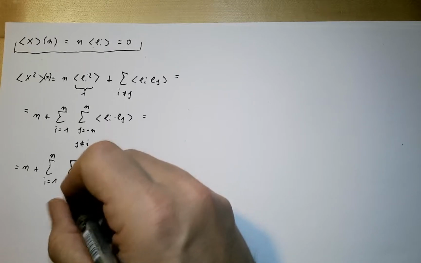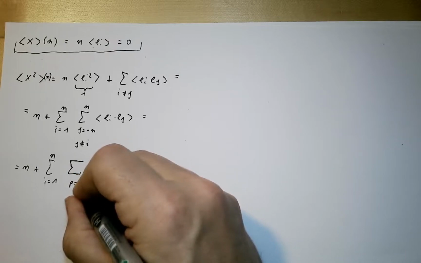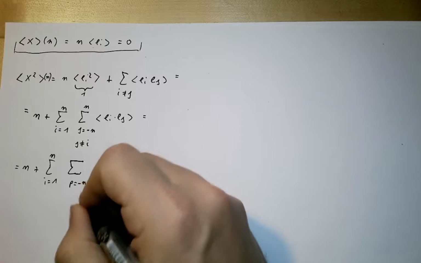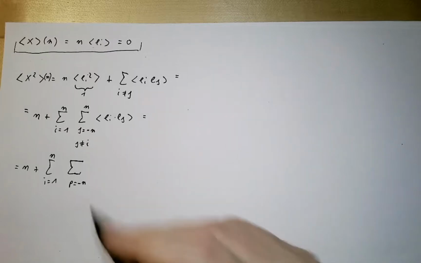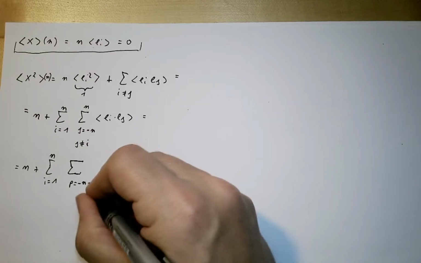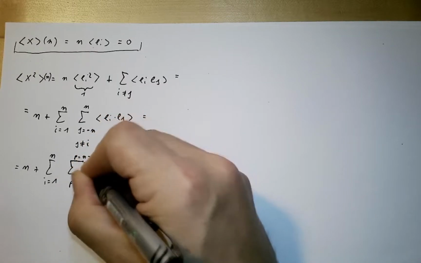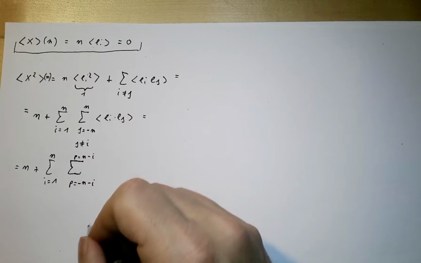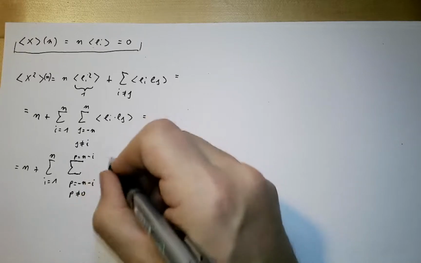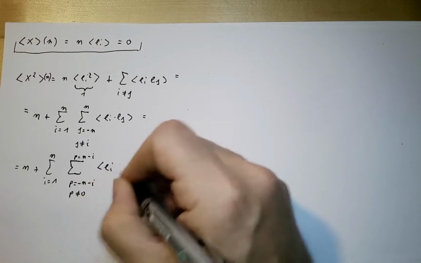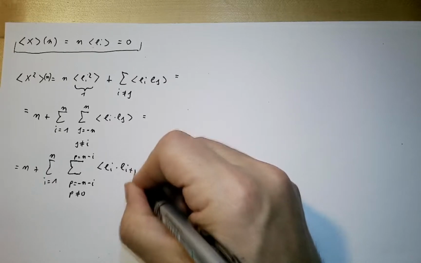The time difference goes from p equals minus n minus e until p equals n minus e, and the time difference should not be 0, and then we have the increment e_i times e_(i+p).